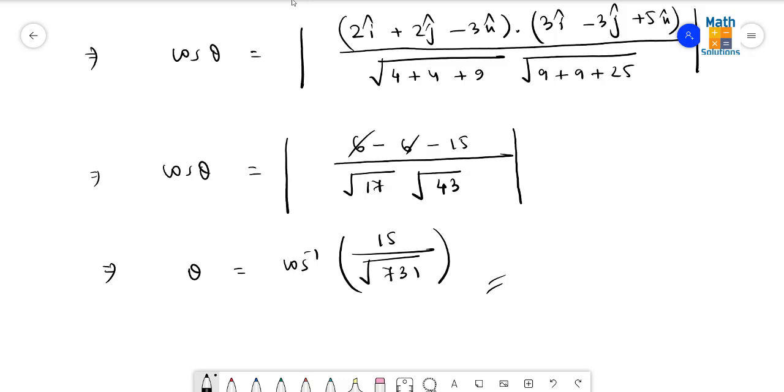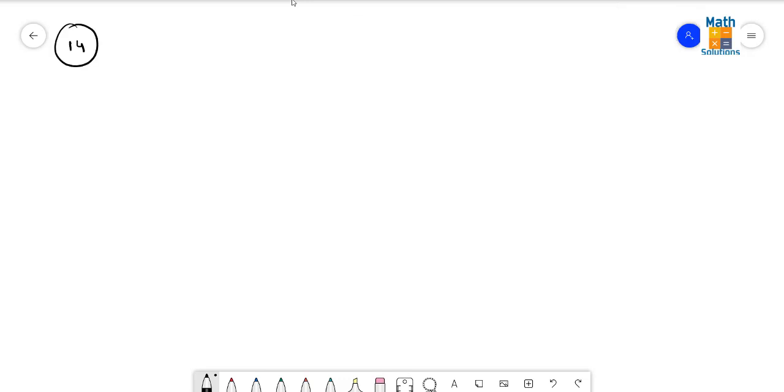After this, coming to question number 14, to find out the distance between a point and a plane. What is given here?